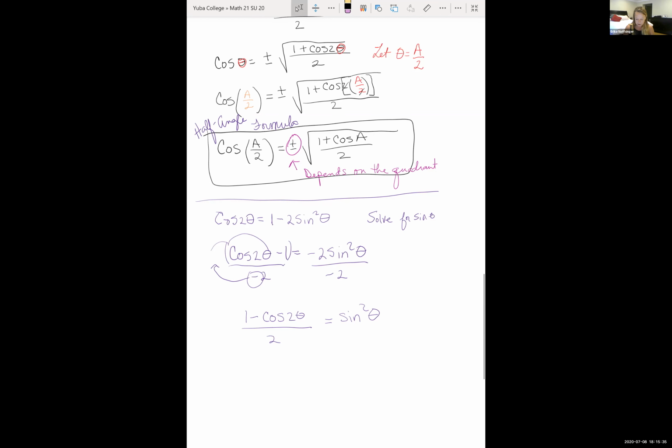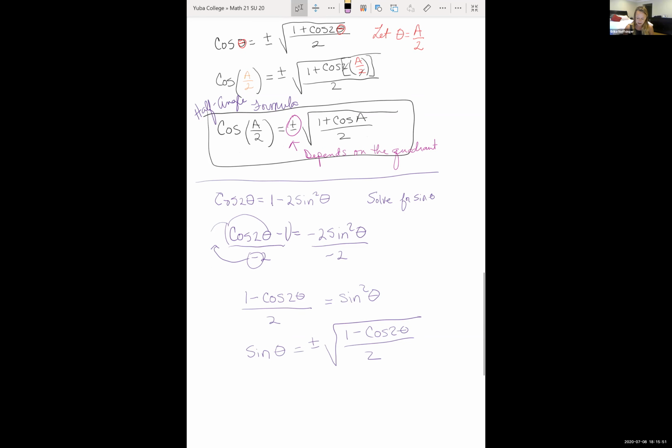Then take the square root of both sides. That would undo my square. So sine theta is equal to plus or minus the square root of 1 minus cosine 2 theta all over 2. Again, if we let theta equal a over 2, we can plug that in for theta.